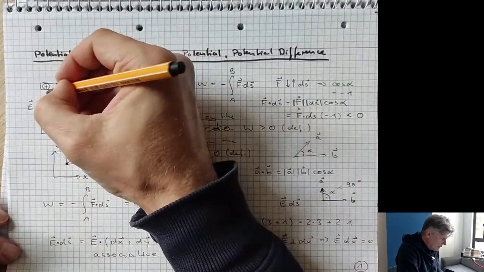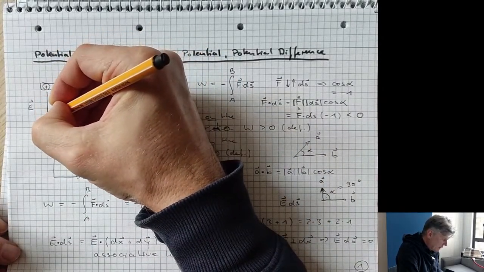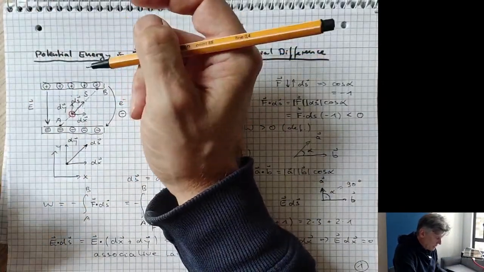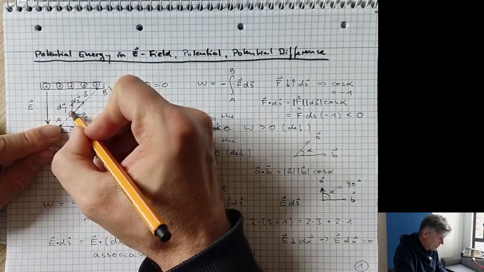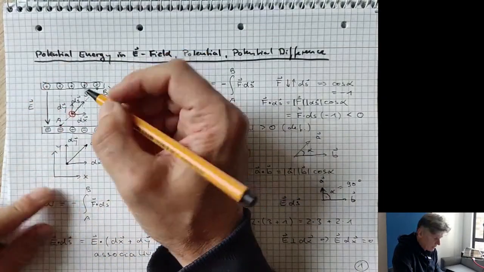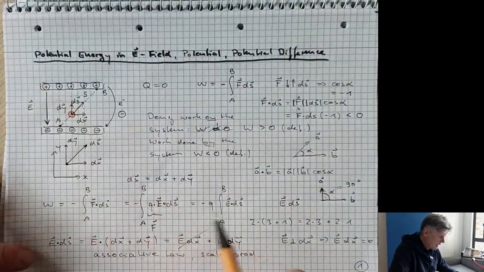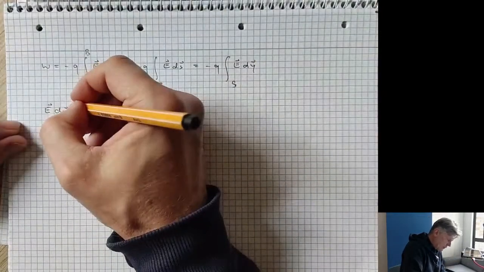So you see, E is pointing in the negative y direction, whereas dy is pointing in the positive y direction. So E and dy are antiparallel.